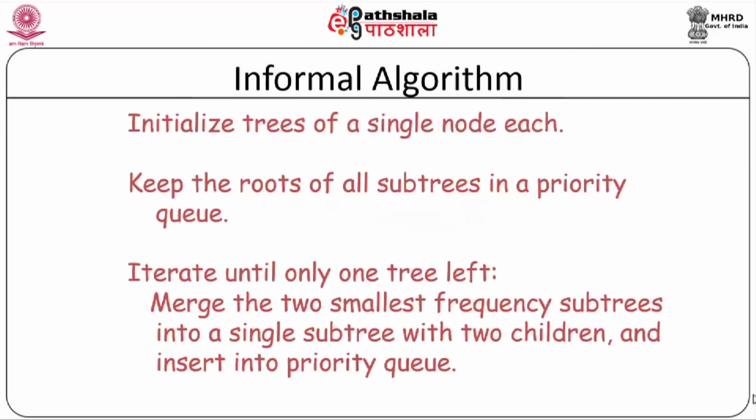So, this is the informal algorithm. You can see that initially all characters are assigned as single nodes, then we keep on combining them, and we continue this procedure till we get the entire tree.